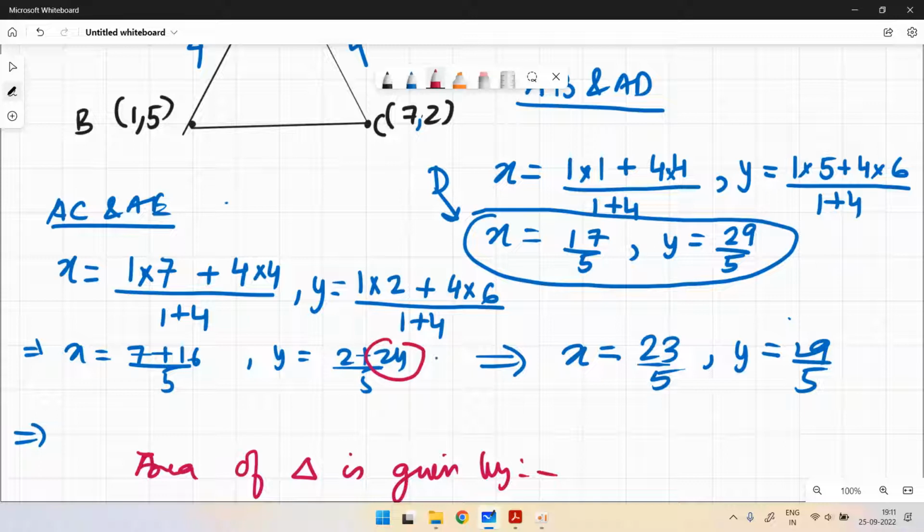Here is the mistake. This is 24 plus 2 is 26. This is 26 by 5. So I mistakenly wrote 29. So this is 26 by 5.